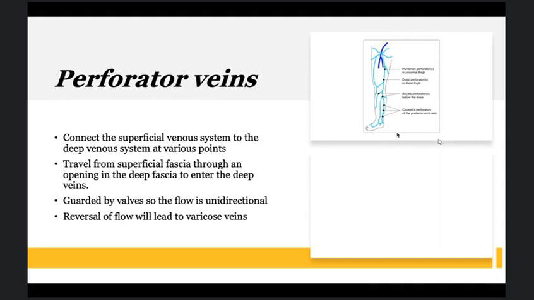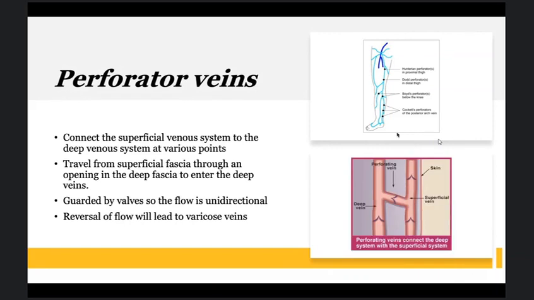Okay, the flow normally is unidirectional from the superficial system through the perforators to the deep system, and not the reverse in a normal situation. Reversal of flow through the perforators, that is to say from the deep to the superficial, will lead to varicose veins.